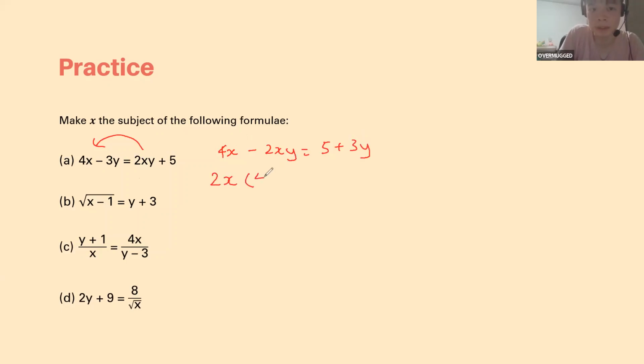I can have this, then I will get... Oops, 2. Now I make my x alone by dividing by 2 and bracket 2 minus 2y.